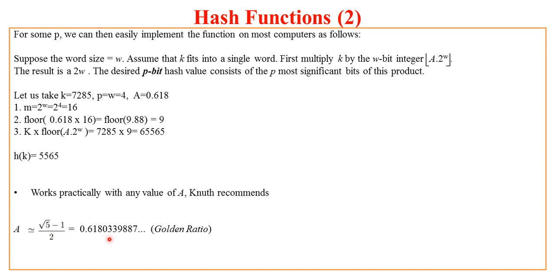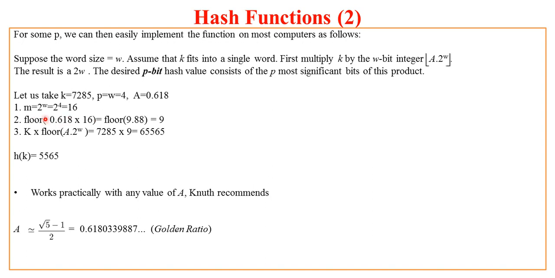This comes out to be 0.6183009887. If we take just the first three digits after the decimal, a will be 0.618. Now m will be 2 raised to power p or w, so 2 raised to power 4 is 16.